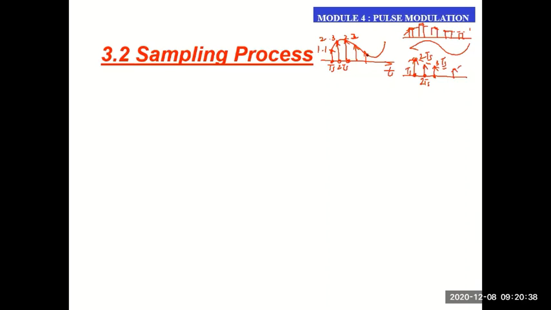Okay. Such a sampling is called pulse amplitude modulation, or PAM. We call this PAM, pulse amplitude modulation, where we have varied the amplitude of the carrier pulse. Any doubts?